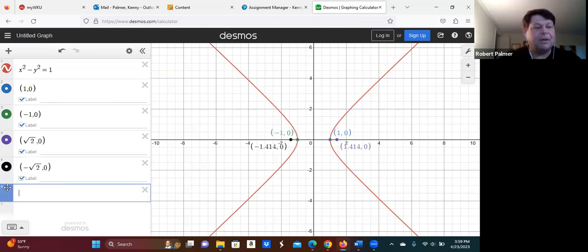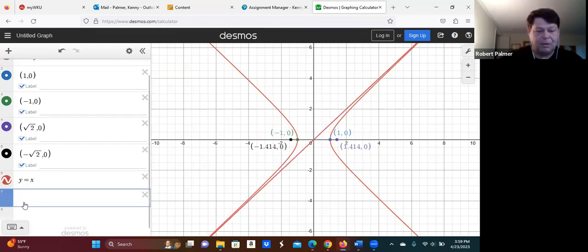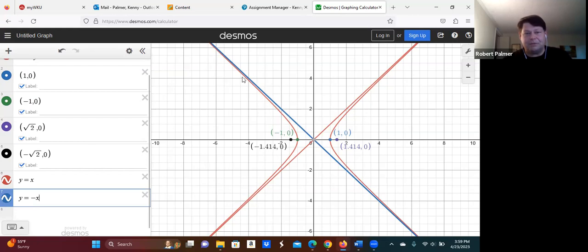All right. And then our asymptotes, y equals x and y equals negative x. So these graphs, the curved parts, approach those lines without ever actually touching them. And that's our hyperbola.